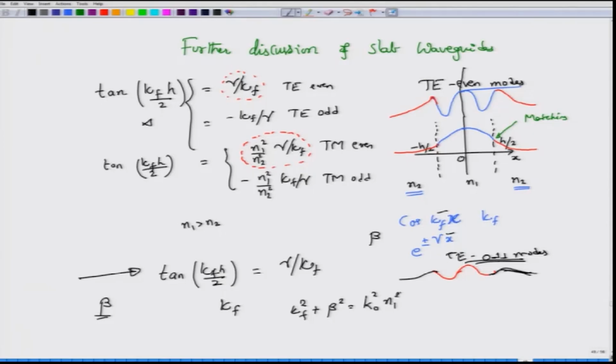So, now my job of course would be to express gamma in terms of kappa_f. That is rather easily done, because gamma^2 is given by beta^2 minus k0^2 n2^2. Of course, beta^2 is nothing but k0^2 n1^2 minus kappa_f^2. Kappa_f will be treated as the variable in these equations.